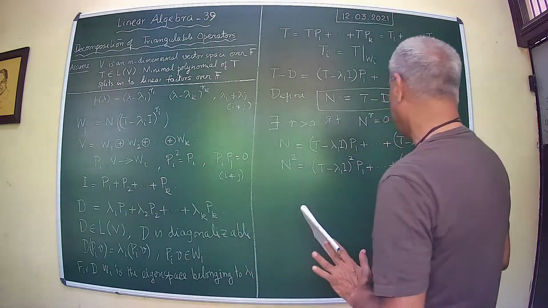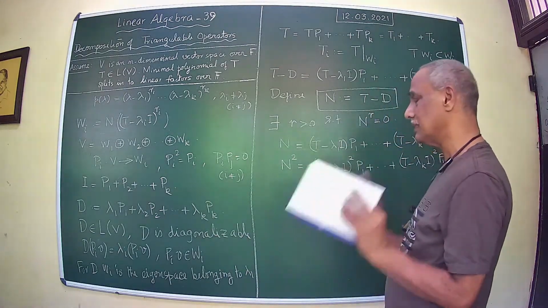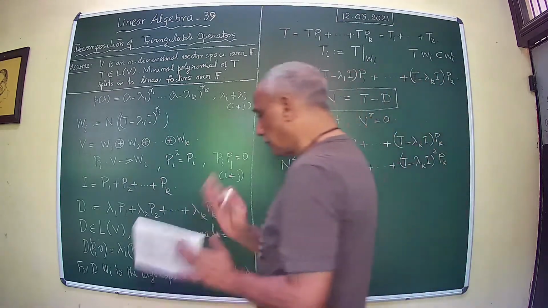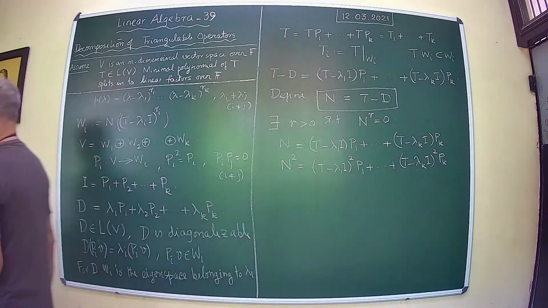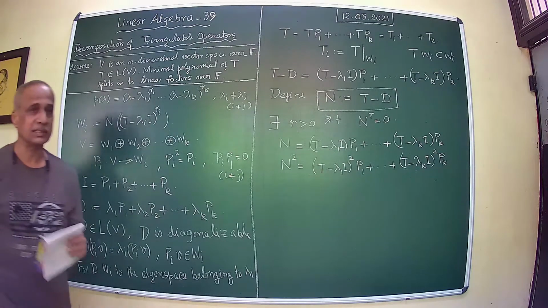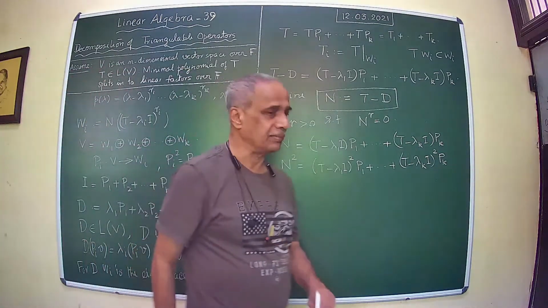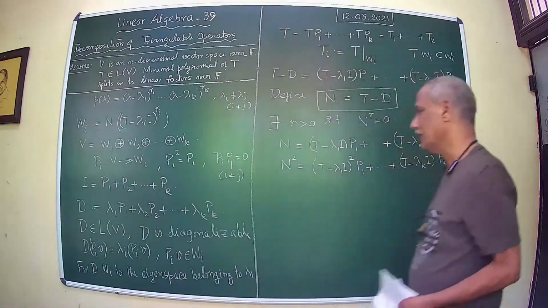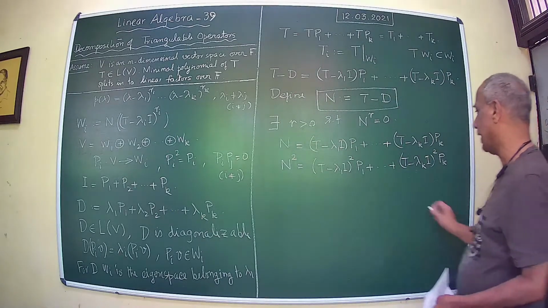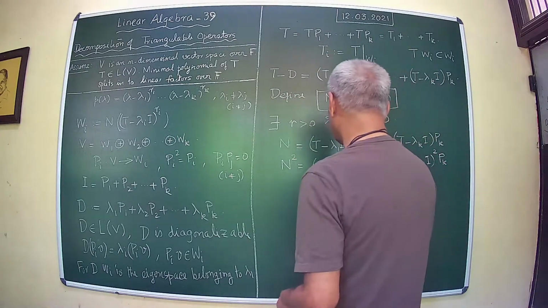Also, we know from our construction that Pi's are polynomials in T. Therefore, it commutes with T or even T minus lambda I. Okay. So we have this result. We have used all these facts.